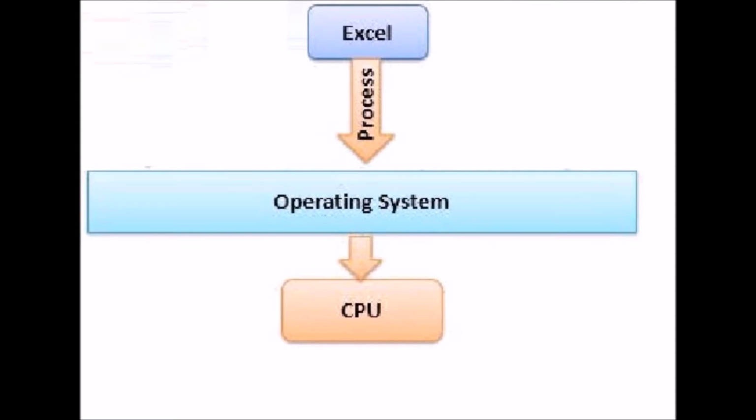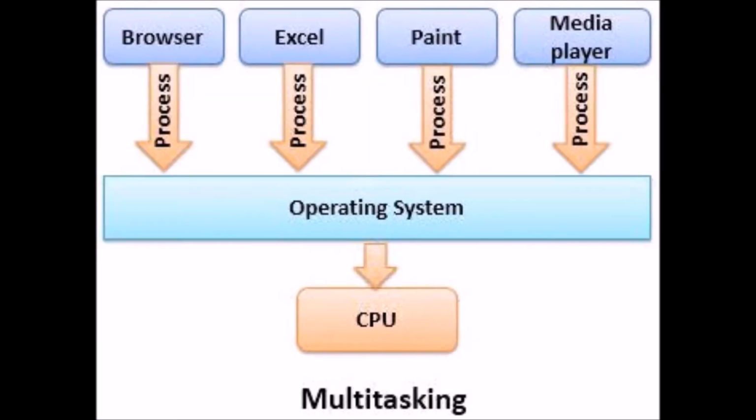Nowadays, the CPU or processor has become so powerful that only one CPU can do different tasks at the same time. It can switch from one program to another so quickly that it gives the appearance of executing all the programs at the same time.